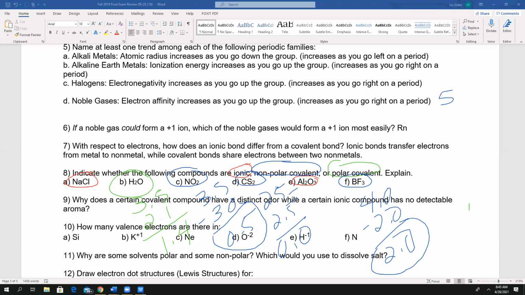And then you have 2 oxygens in group 6, so that's 12. Plus, there is no charge on that one, is there? But it should be an O2 negative, so you add 1. So you add these and you get 18.